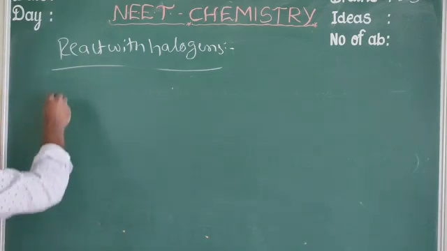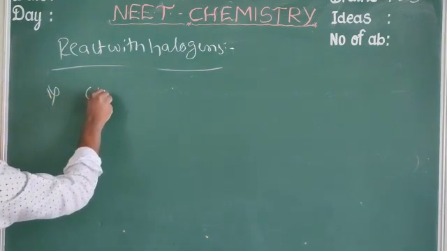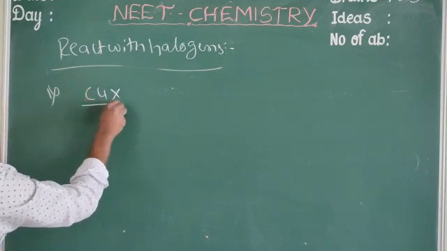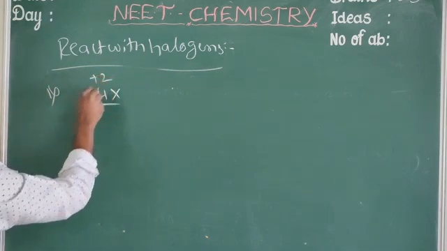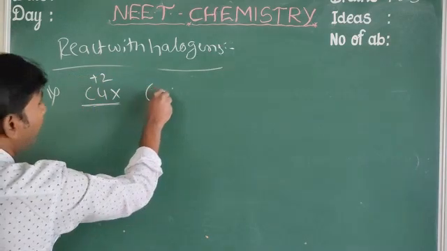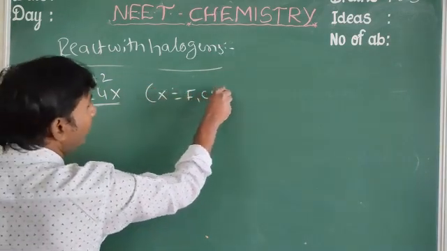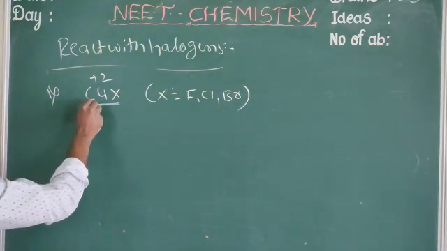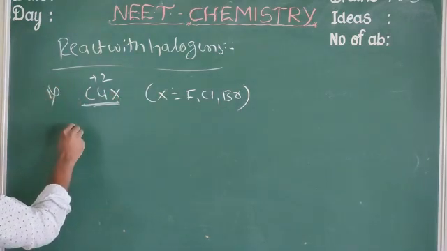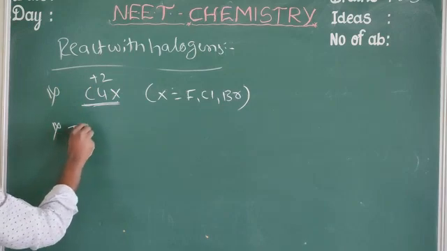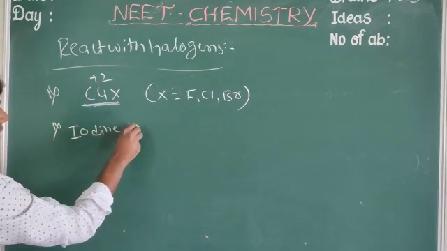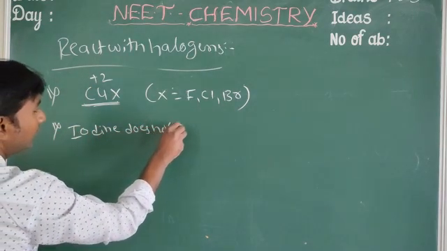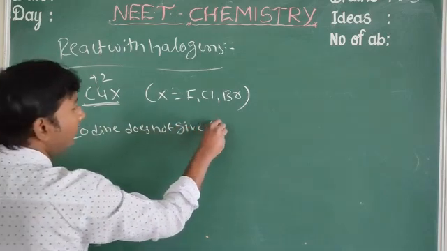Then another one, CuX. Here Cu +2 is stable in CuX, where X means fluorine, chlorine and bromine. Important point: iodine does not give CuX.